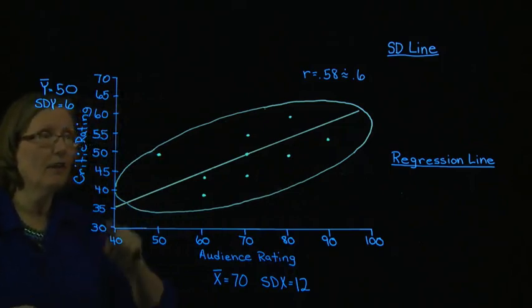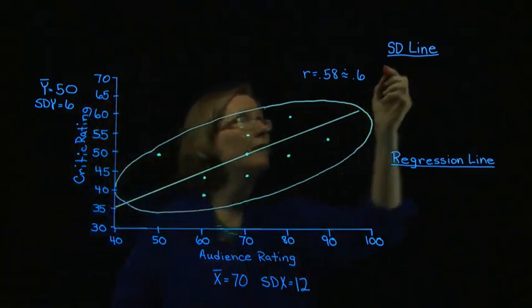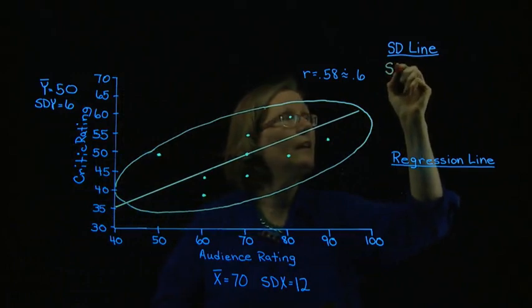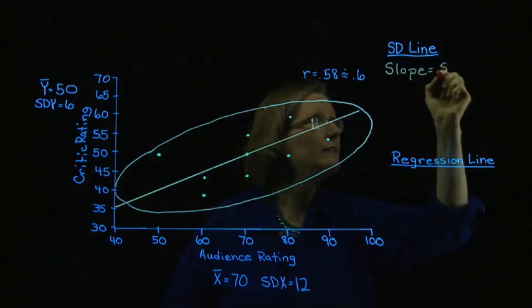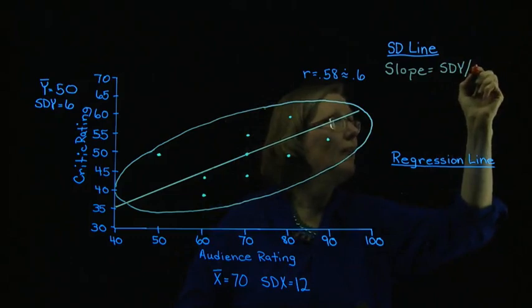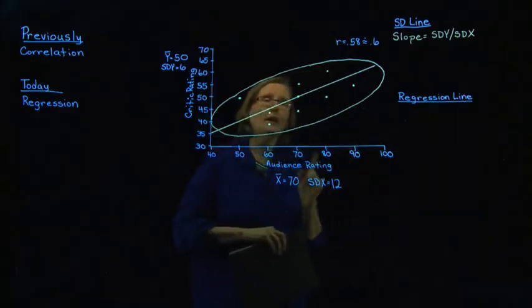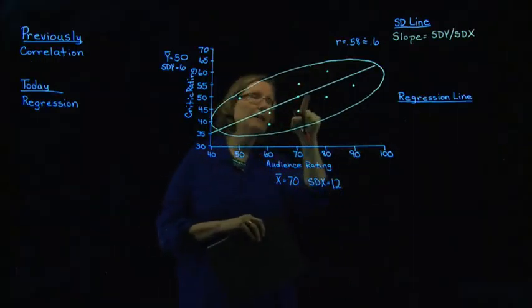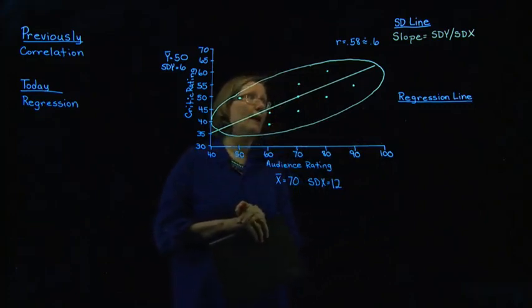So the slope of the SD line, or the line for the correlation, is equal to the SD of y, the standard deviation of y, divided by the standard deviation of x. So if we increase by one standard deviation on x, we increase by one standard deviation of y.